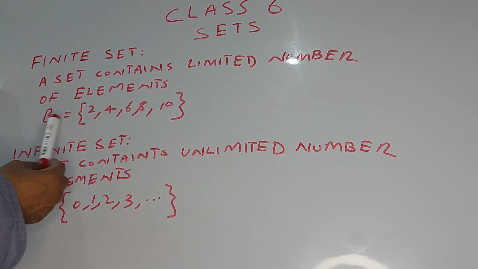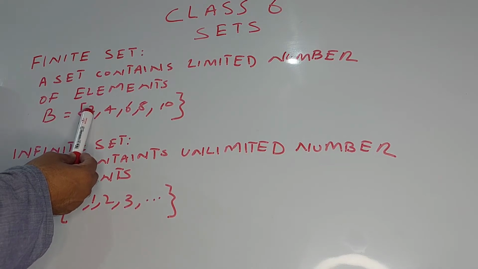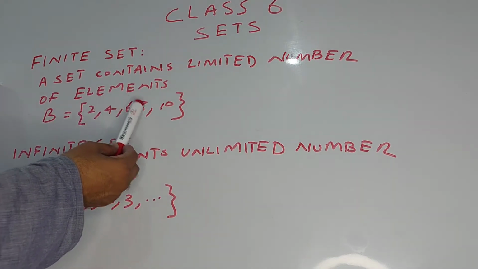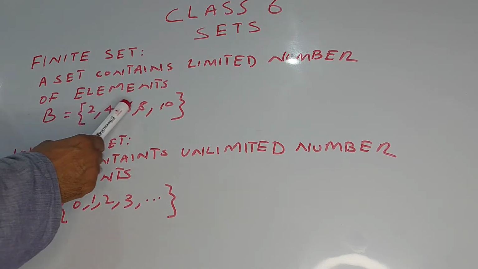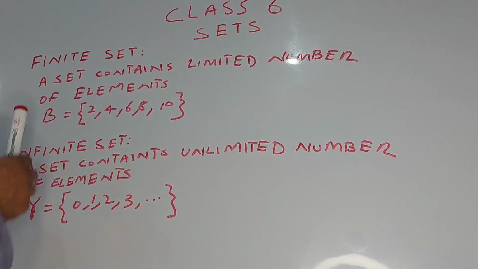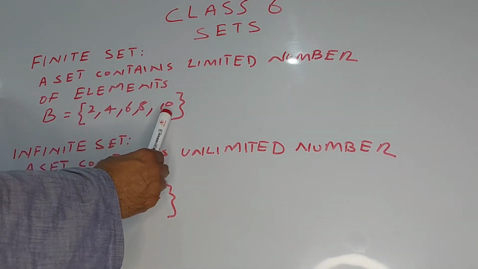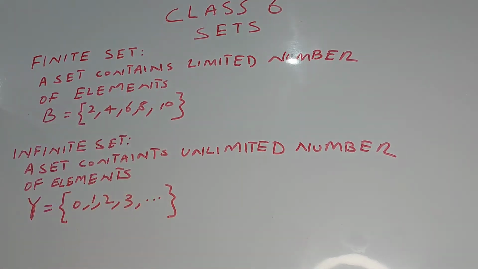Another example is set B, set of first 6 even numbers 2, 4, 6, 8, 10. So this set has limited number of elements, therefore B is a finite set.